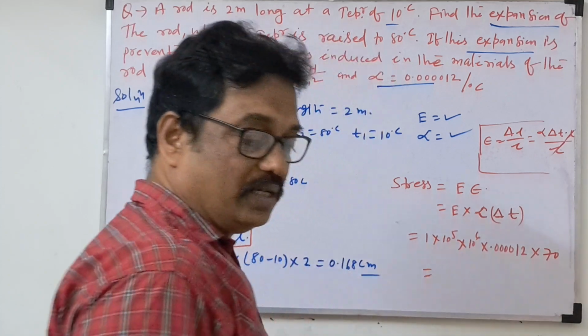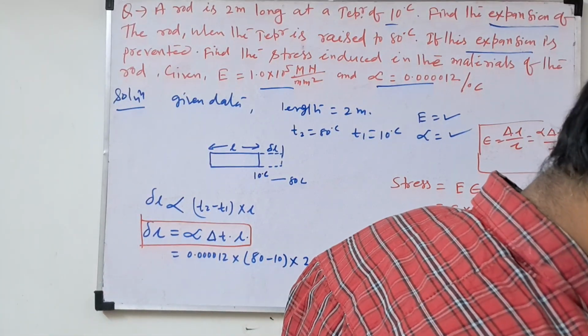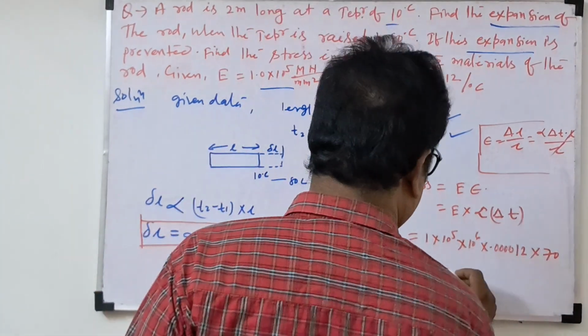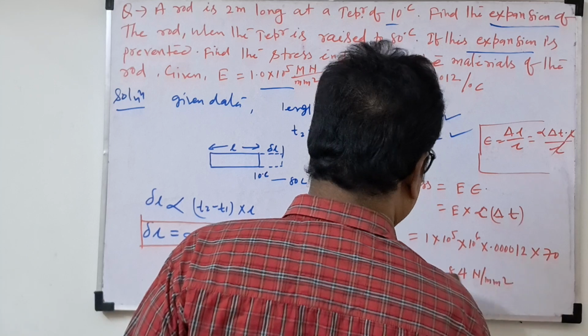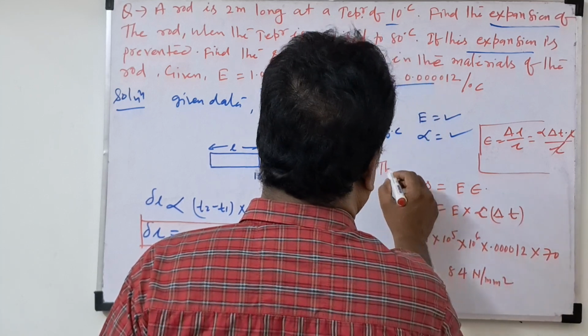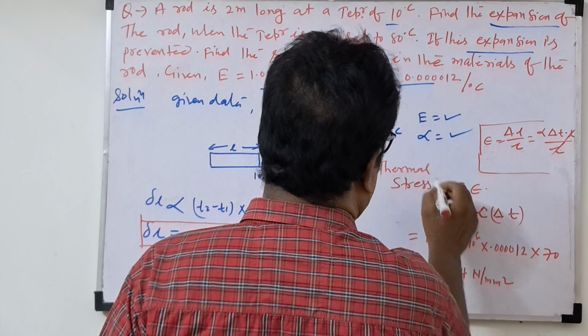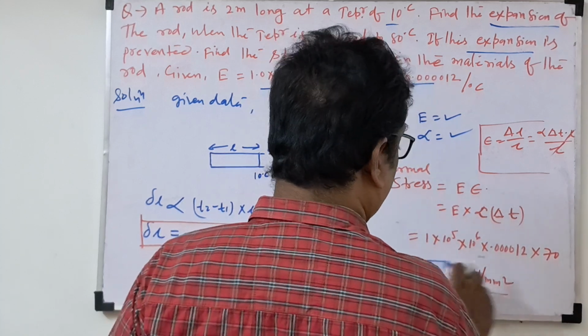So how much stress will come here? 84 Newton per mm square. This is the thermal stress we got, 84.